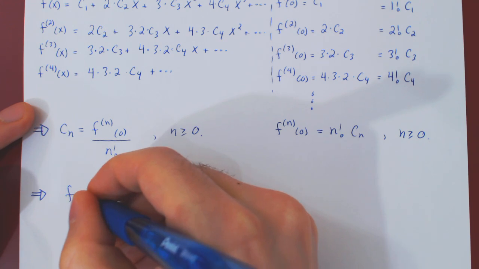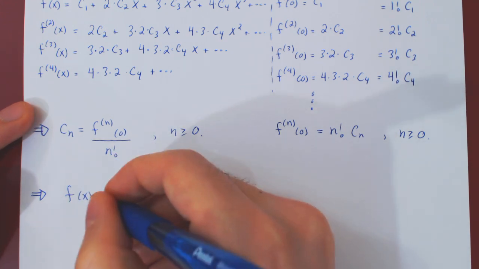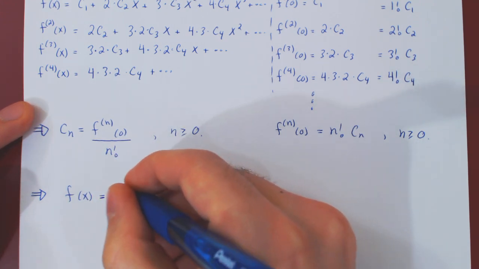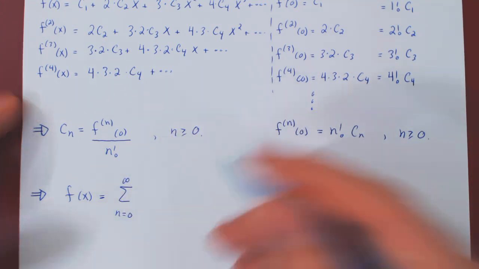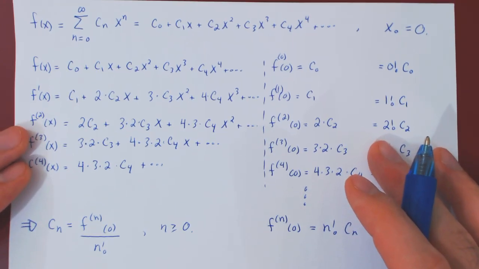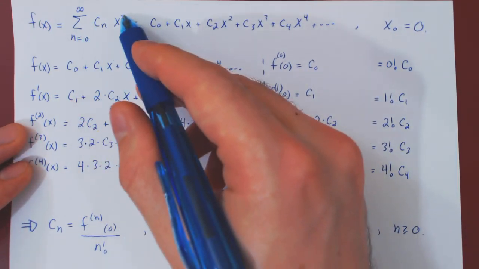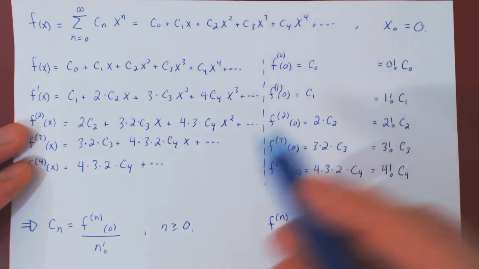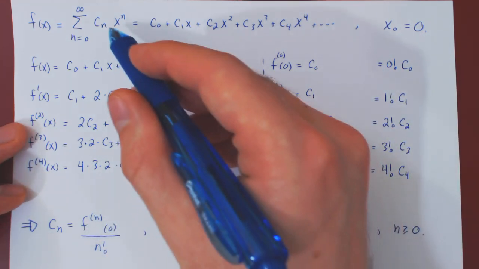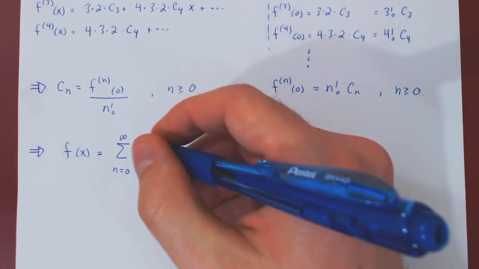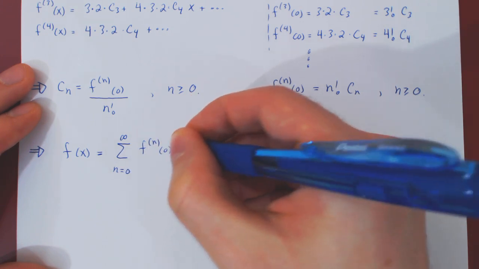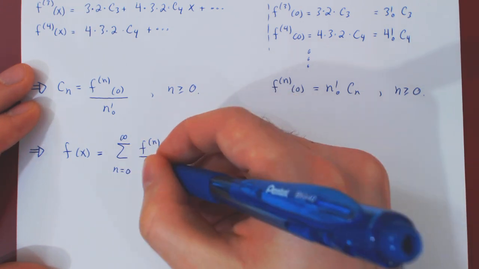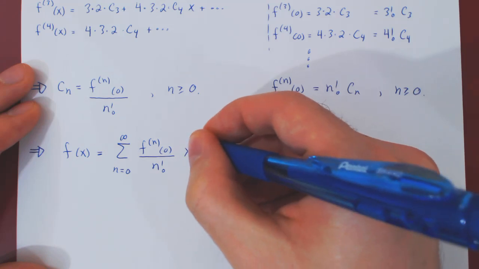So f of x, if it is nice enough around 0, will be expressible as a power series, and there's a formula for it. Cnx to the n, right? A general power series centered at 0. But here's the formula for the nth coefficient of the power series expansion. The nth derivative of the function at 0 over n factorial times x to the n.